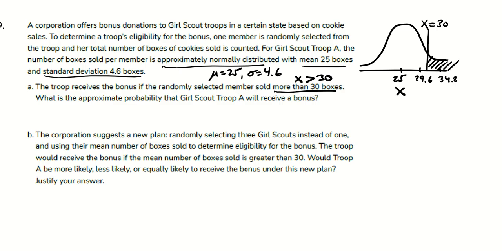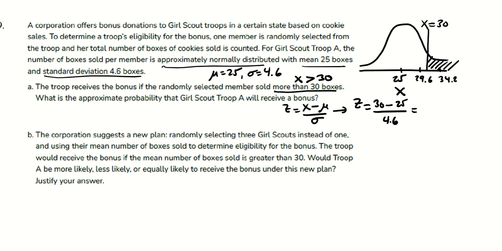Now we can convert this to a z-score and then use the table, or we can use the calculator. We're going to do both because we want to practice. The z-score is x minus mu divided by sigma. So it's 30 minus the mu, which is 25, over the standard deviation, 4.6.